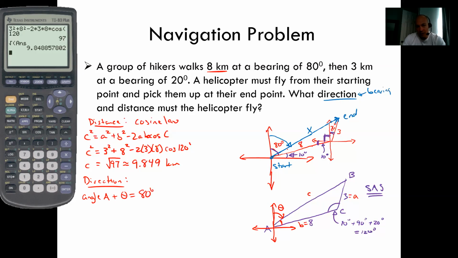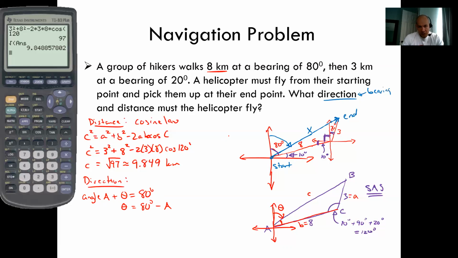And I know that because my original line, this side down here, was an 80-degree angle from north. So theta plus whatever A is would have to add up to 80 degrees. So I'm going to go theta equals 80 degrees minus angle A. So my job right now is to figure out angle A, and if I know what angle A is, then I can go ahead and solve for the rest.